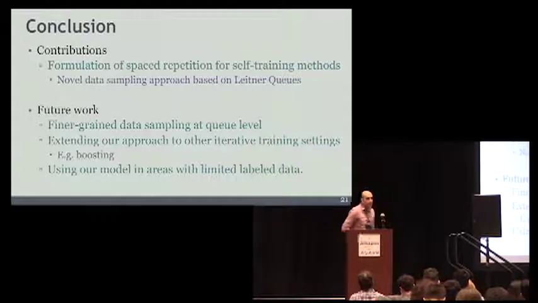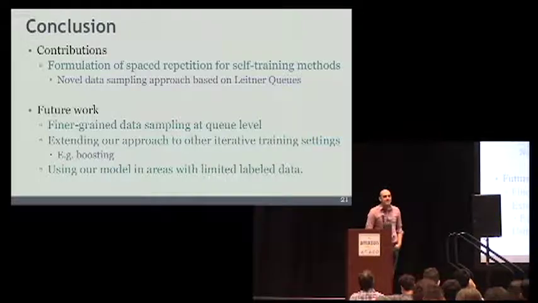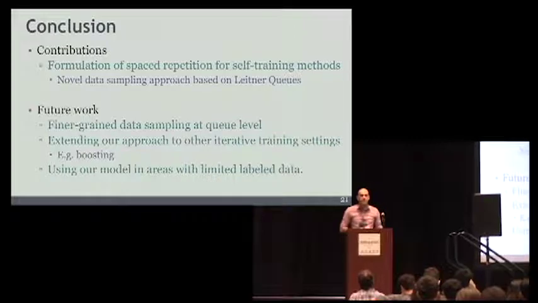So to conclude, we presented an effective formulation of spaced repetition techniques. In terms of future work, we would definitely like to look into finer-grained queue-level analysis to see if we can get improvements there.